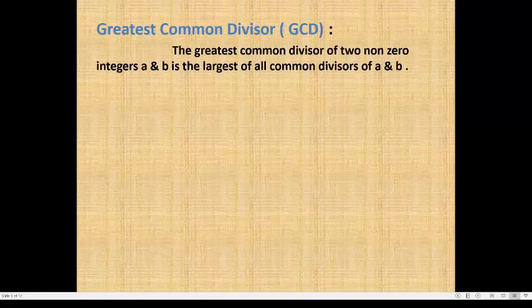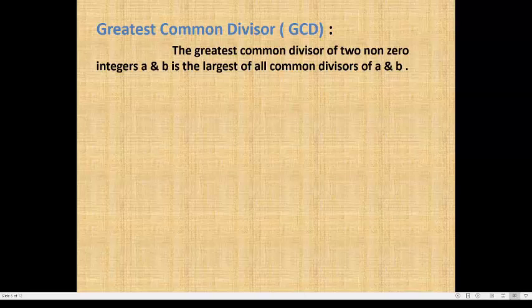Next, greatest common divisor, that is GCD. The greatest common divisor of two non-zero integers a and b is the largest of all common divisors of a and b.